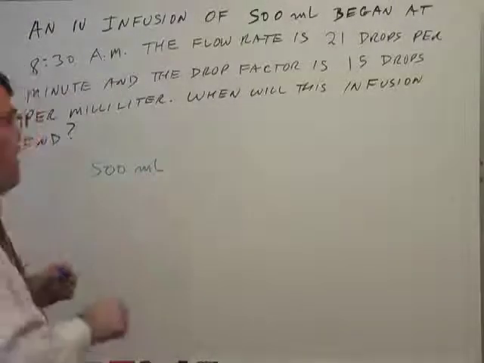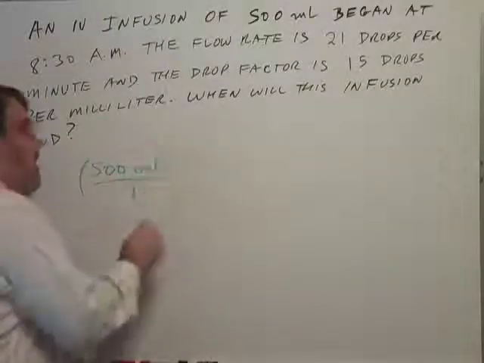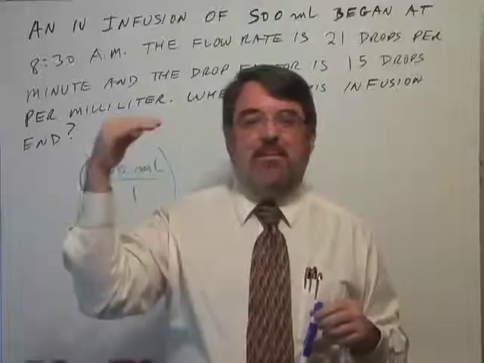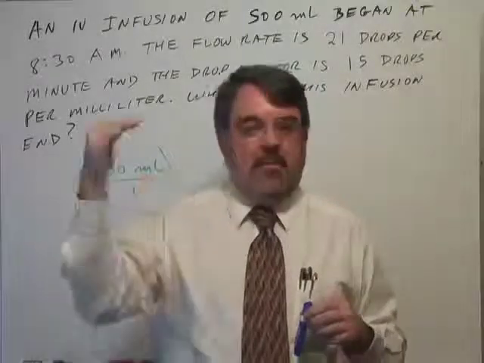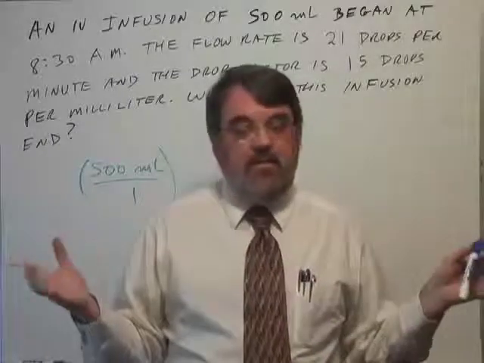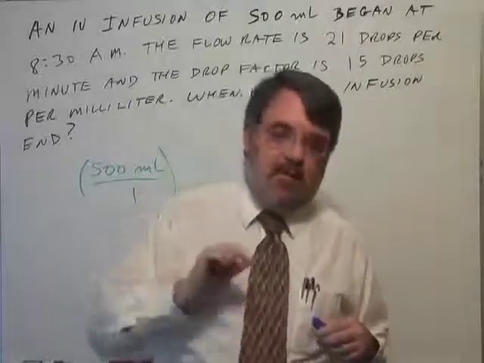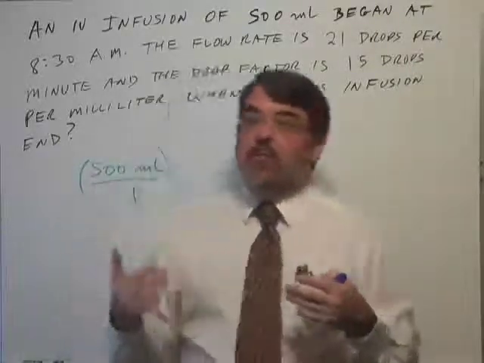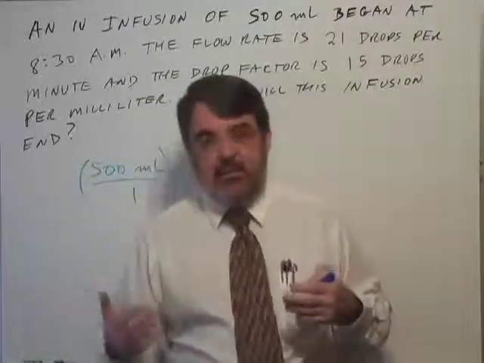So when I finish with this problem, I want to finish with time in my numerator, either minutes or hours. Before this, you've always seen time appear in the denominator because it's part of a flow rate in terms of drops per minute or milliliters per hour.